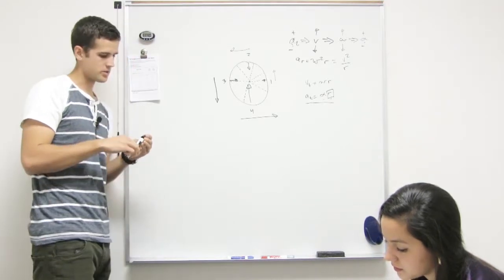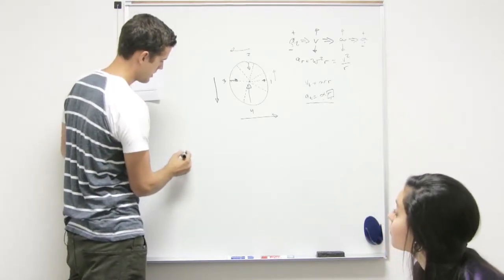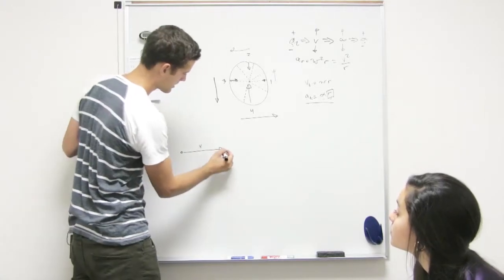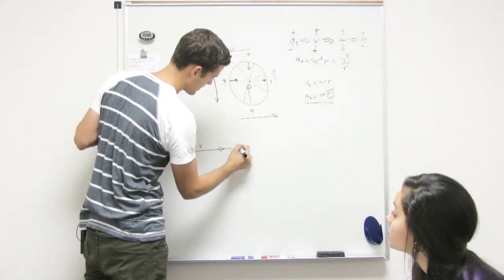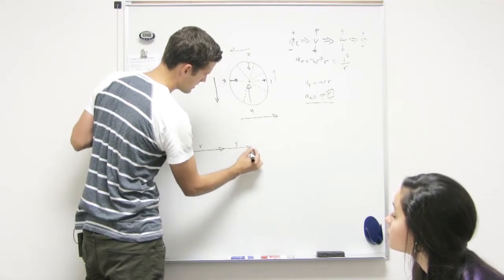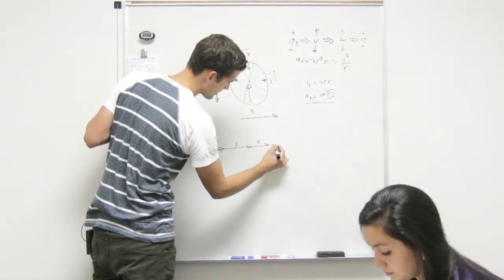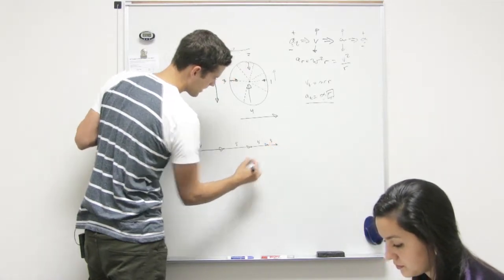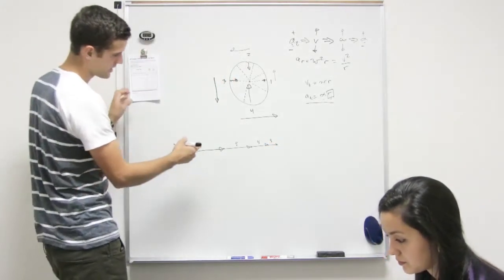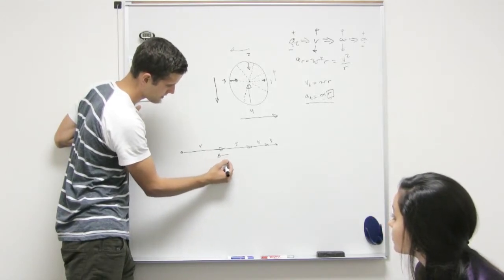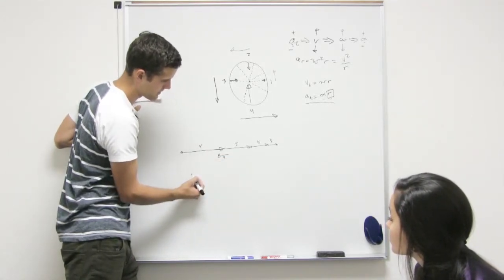Yeah, because you remember doing motion diagrams? Here's your first velocity vector, here's your second velocity vector, here's your third, and so forth. And our acceleration would be pointing this way, right? This would be A1.